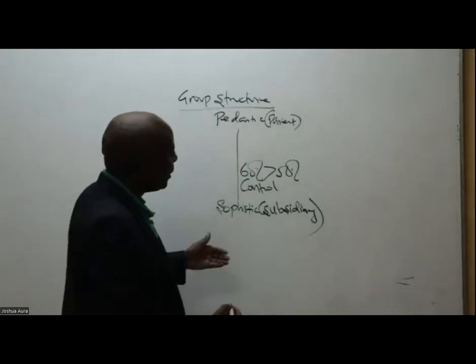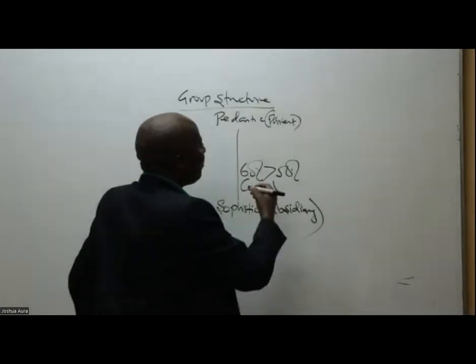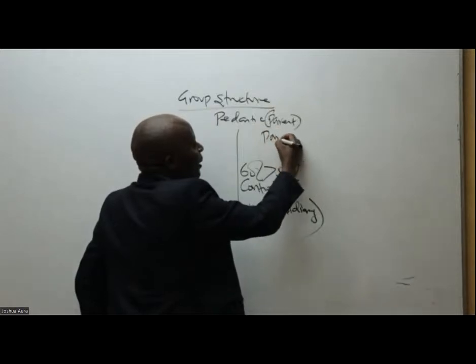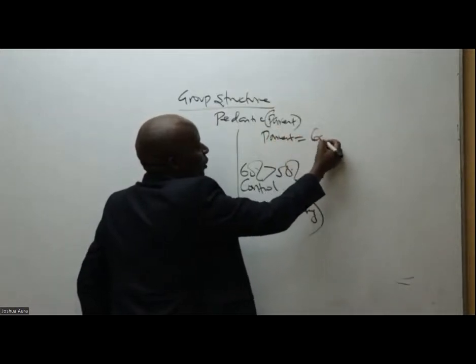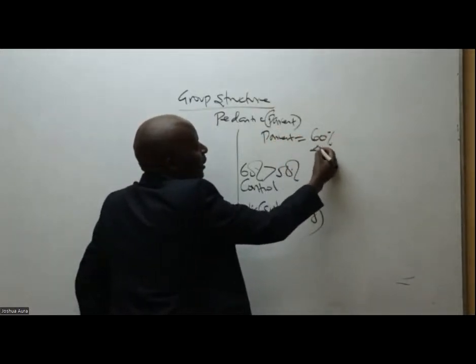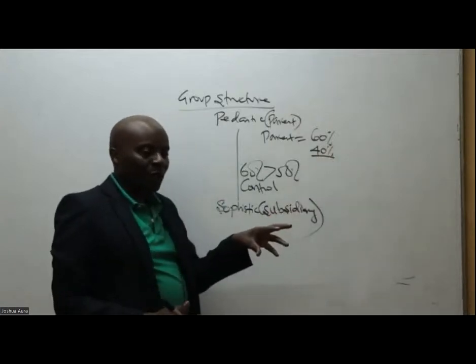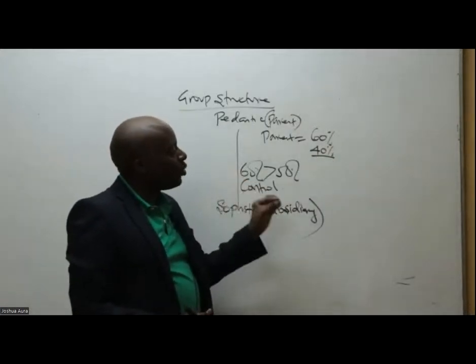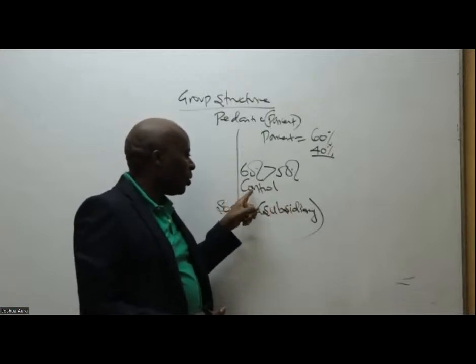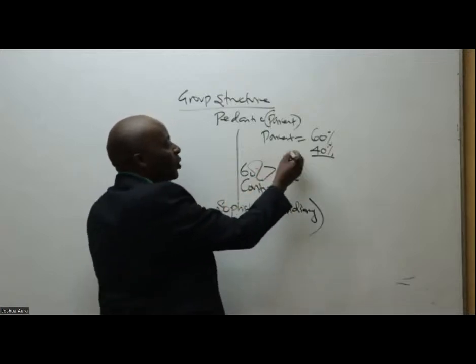Now listen to me very well. So ladies and gentlemen, we can see that the parent owns 60%. There must be someone else who owns the other, smaller percentage. This someone else who owns the smaller percentage, we normally give them a special term.